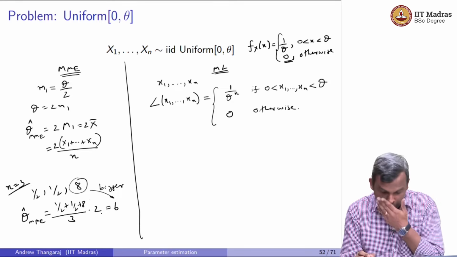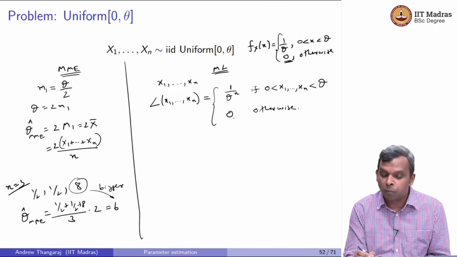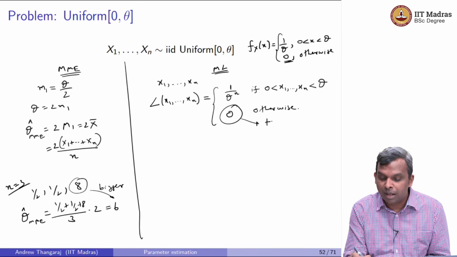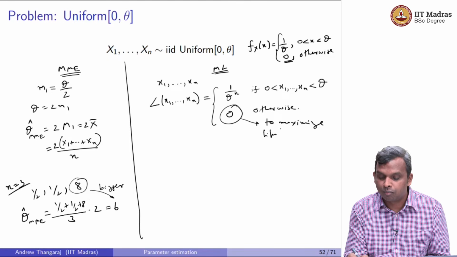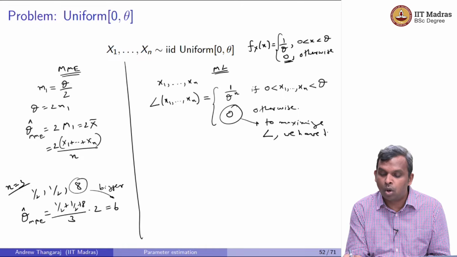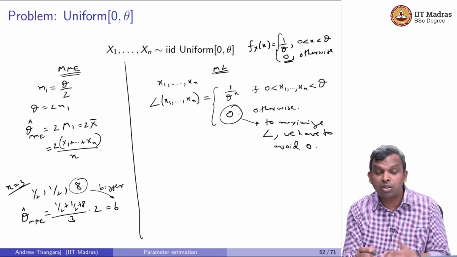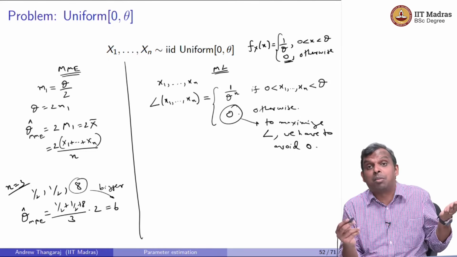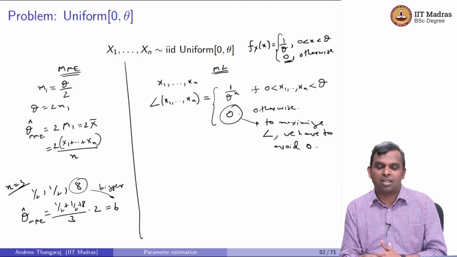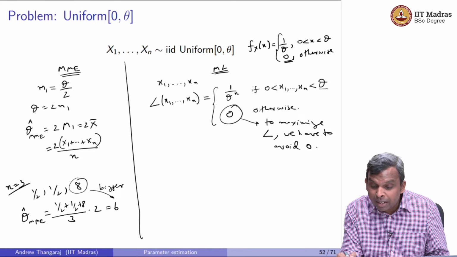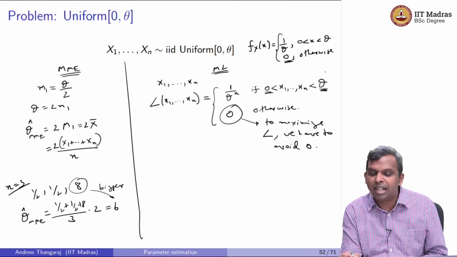But on the other hand, if you were to maximize the likelihood, you have to absolutely avoid this. To maximize L, we have to avoid 0. Why should you avoid 0? 0 is really low, it cannot be maximum. A non-zero value is always bigger than a 0 value, right. So you have to pick a theta so that this condition is satisfied.